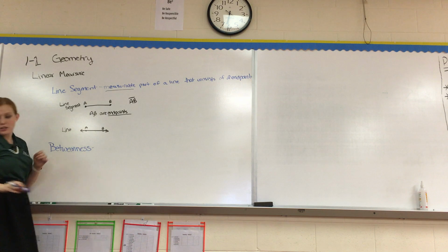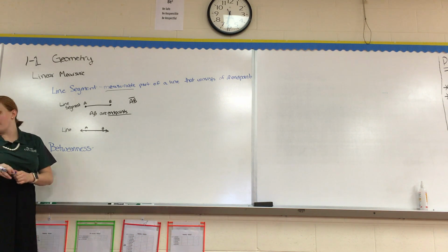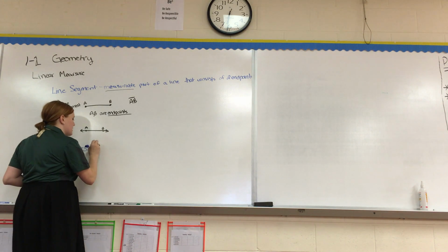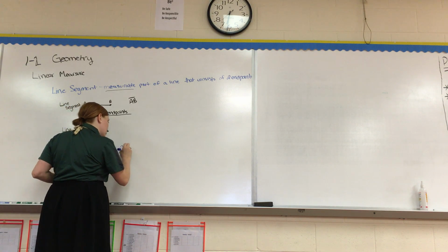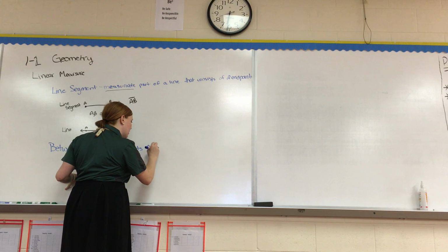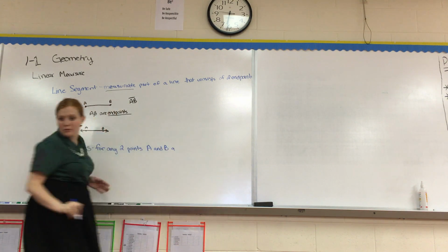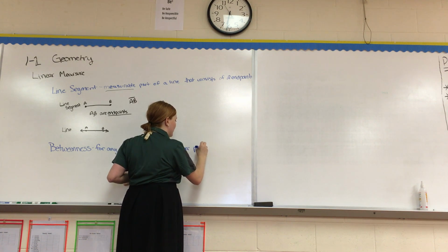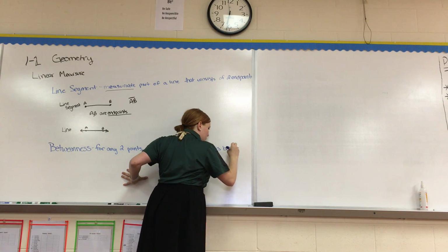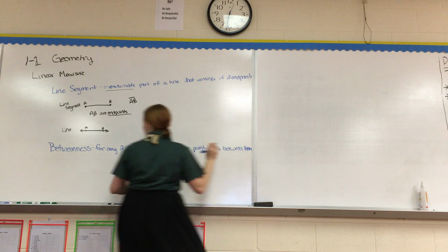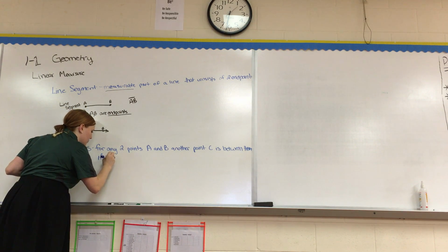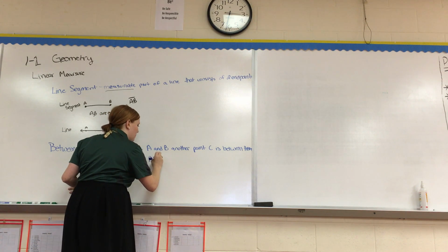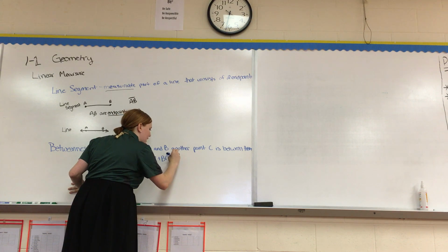A point is between 2 other points if and only if, and we're going to write this, for any 2 points A and B, another point C is between them if and only if AC plus BC equals AB.